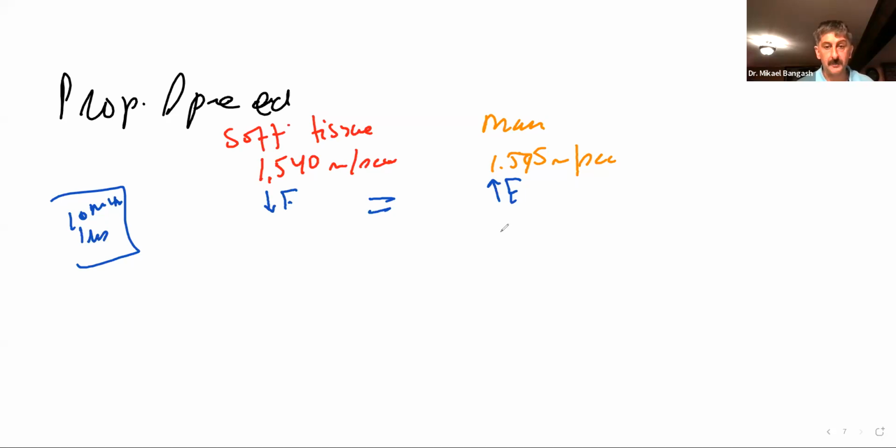So it's still wrong to say that the period increases, or that you have a lower period in the soft tissue and a higher period in the mass. Just like it was wrong to say that the frequency changes and is greater in the mass and lesser in the soft tissue.